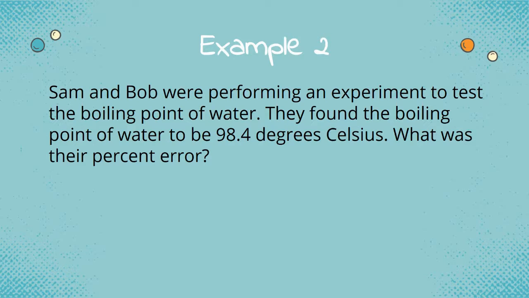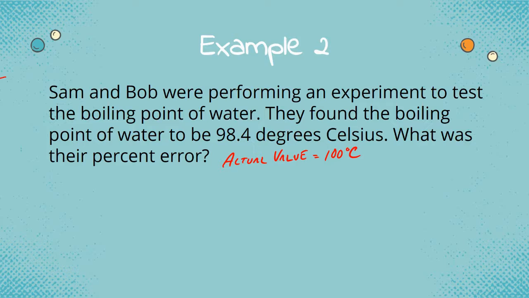Here we do need to tie in some previous knowledge, and we hopefully know that the actual value for the boiling point of water is 100 degrees Celsius. If you didn't know that, that's okay, not a big deal. On tests, quizzes, everything else, I'll give you those values, but overall, it's an easy number to remember.